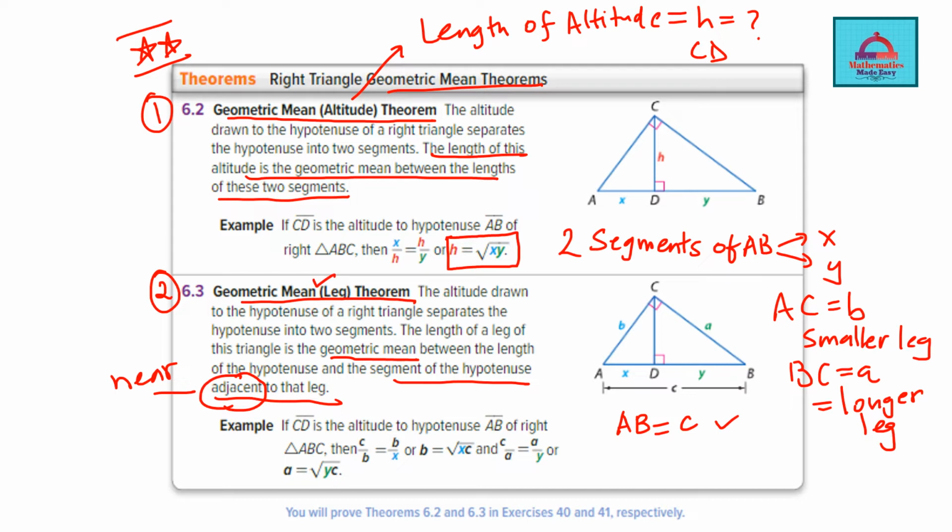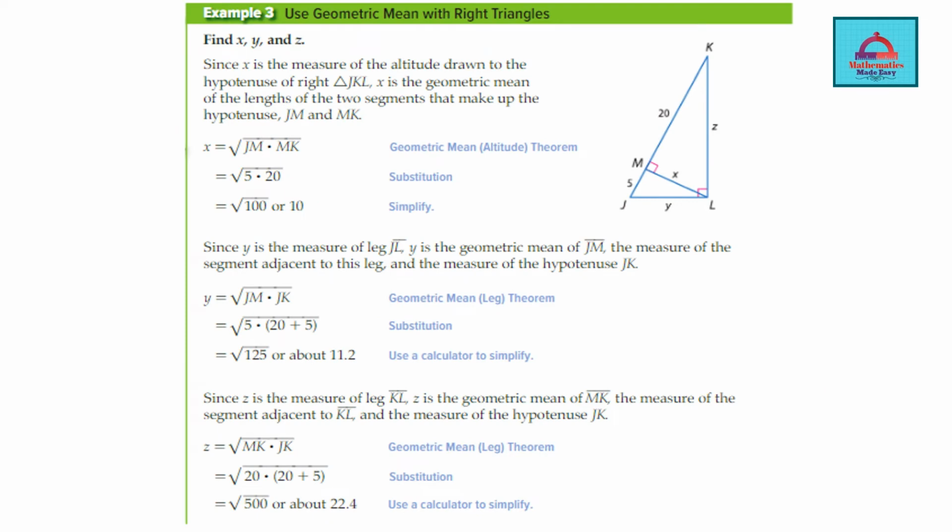It says if you want to find this B, the shorter line segment, then you take the length of the hypotenuse multiplied with the segment adjacent to it, and take the square root. The segment which is near is X. Similarly, your other leg is the square root of the hypotenuse multiplied with y.